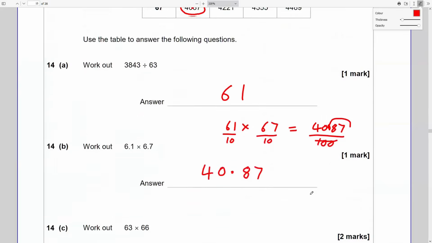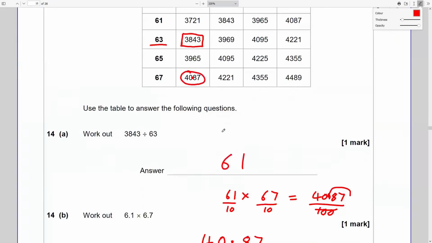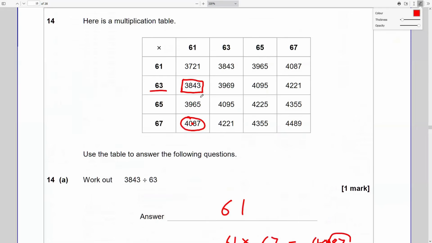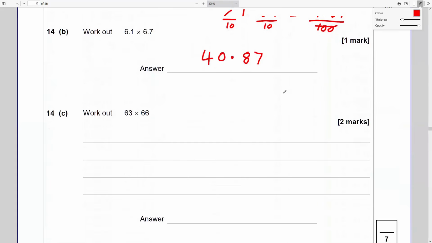63 times 66. Do we have a 63 there? Well, it looks a strange one. The way I'm going to do it is I'm going to go 63 times 65 and then add another 63 on. Yes, so we go 4095.